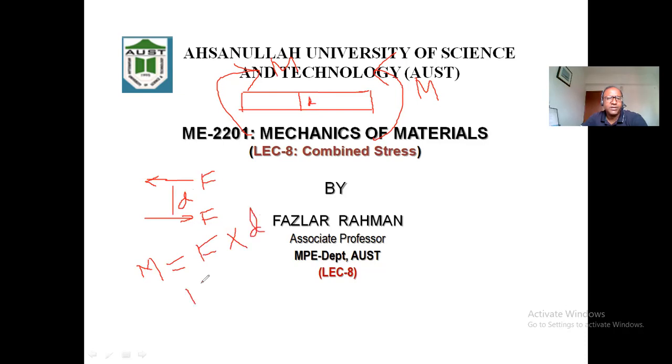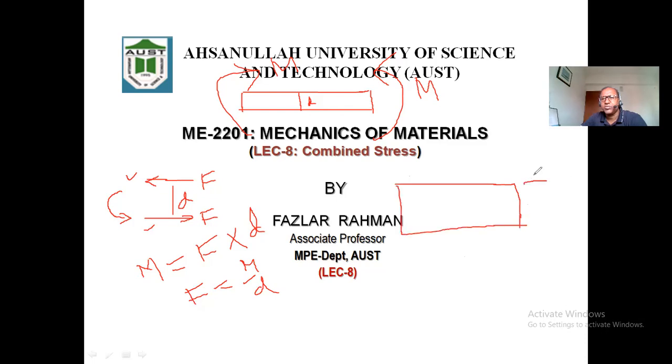So F equal to M by d. These two are making rotation anti-clockwise, so this bending moment is also anti-clockwise. So on the right side, I can replace this bending moment by two forces, one along this direction, the other along this direction.